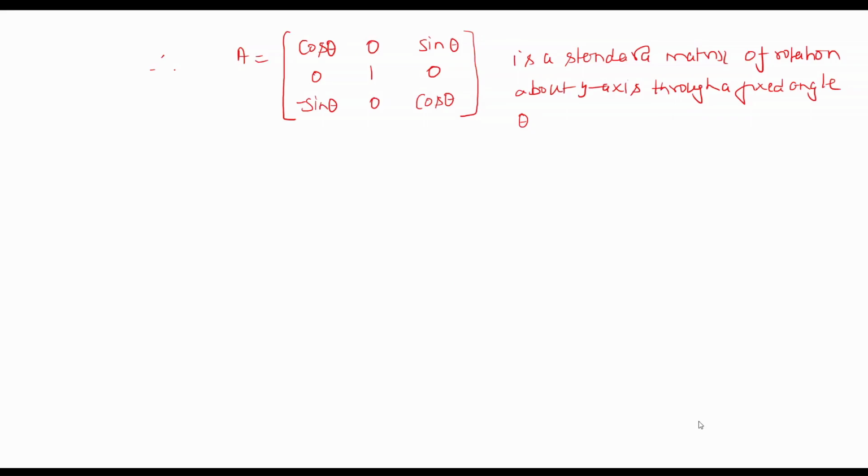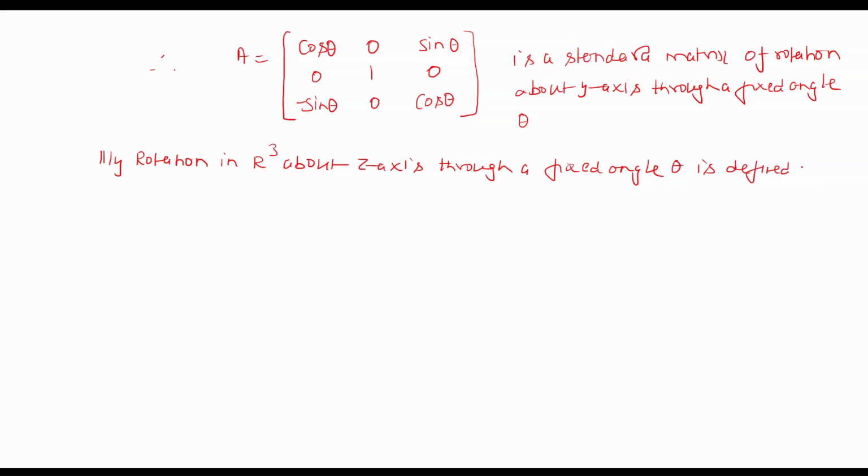So the rotation transformation R theta about the z-axis through a fixed angle theta is defined by: what should be the first component?